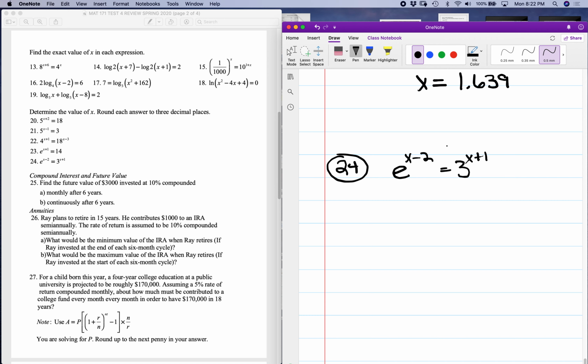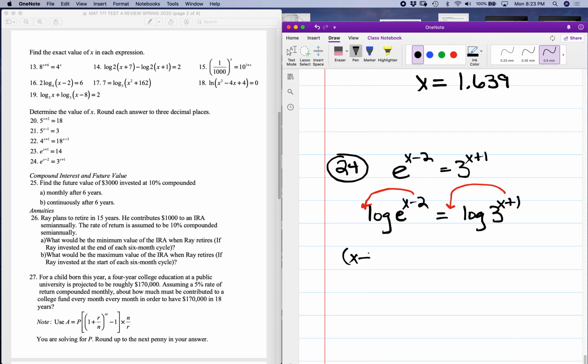All right, for number 24, we have x present on both sides of the equation, and you can apply either natural or base 10 logarithms. My inclination would normally be to go with natural logarithms, but I'm just going to show you from the base 10 logarithmic perspective. If I take the base 10 logarithm of both sides, base 10 logarithm and e don't match, base 10 logarithm and 3 don't match, but I can make the x minus 2 and the x plus 1 binomial coefficients, as was the case in problem number 22.